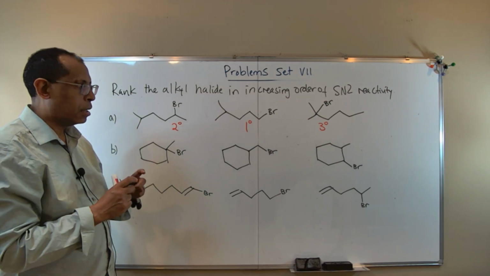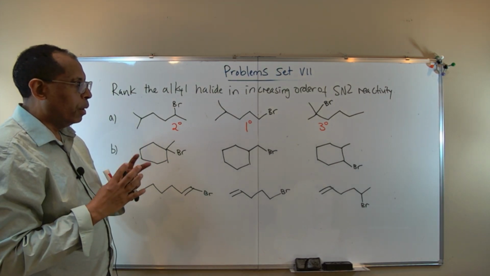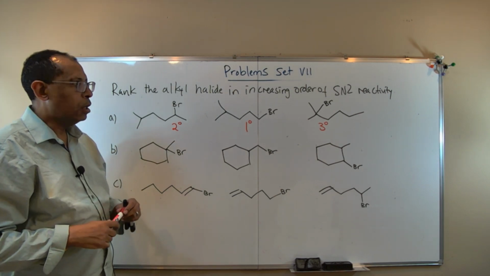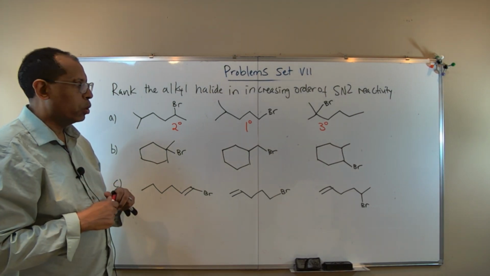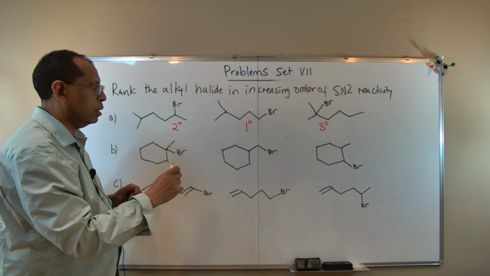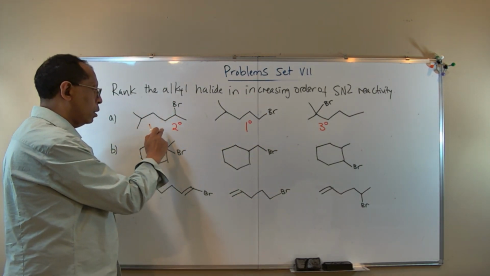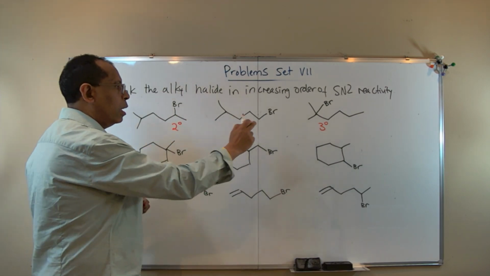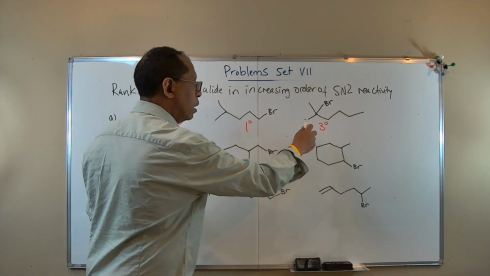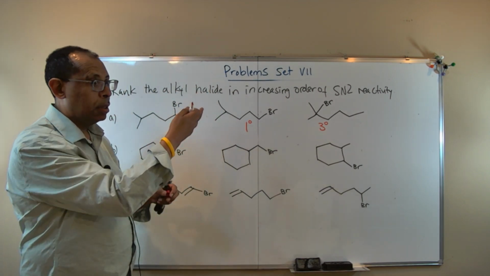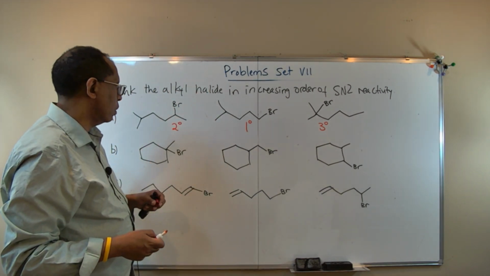The less sterically bulky, the faster the reaction. In this case, for the SN2 reaction, the fastest is this one, the second is the secondary one, and the tertiary would be the last. The tertiary one almost doesn't react in SN2.